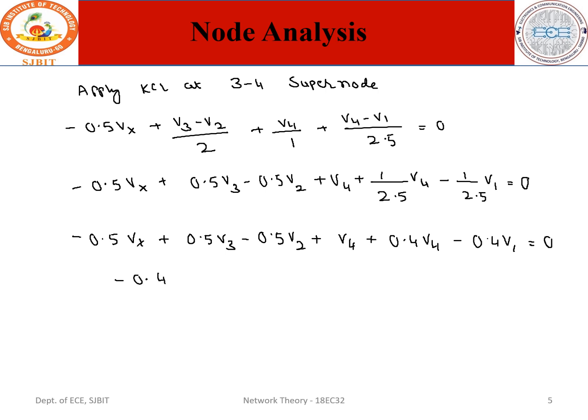Minus 0.4 V1 plus 0.5 V2 plus 0.5 V3 plus 1.4 V4 is equal to 0.5 Vx.